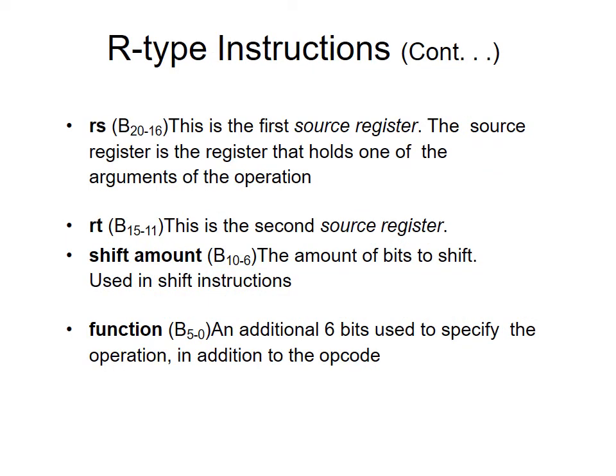RS is the first source register, which holds one of the arguments of the operation. RT is the second source register, which also holds one argument for the operation. Shift amount is the number of bits to shift, used in shift instructions. And function is an additional 6 bits used to specify the operation in addition to the opcode.